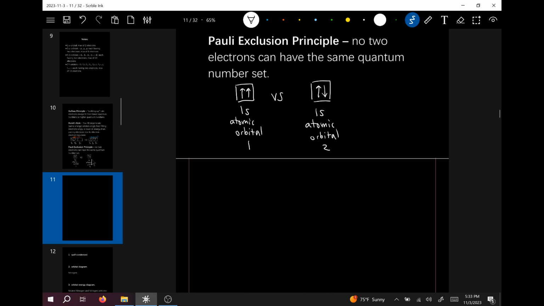Okay, so I have atomic orbital number 1, where I have 2 electrons that are facing the same direction, and then I have atomic orbital number 2. And what I'm going to do here is make a little table.